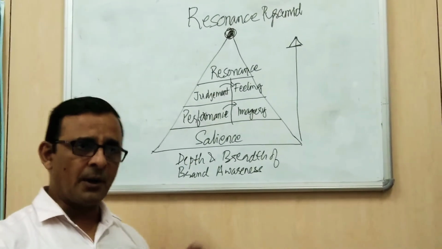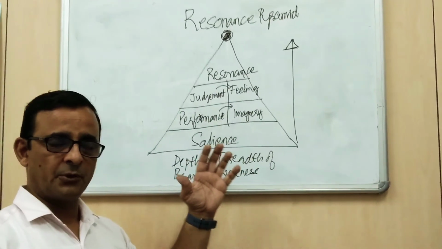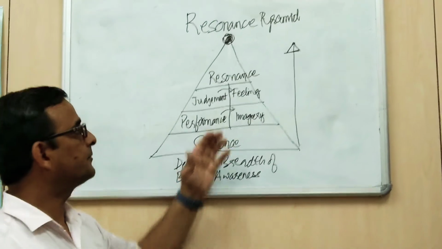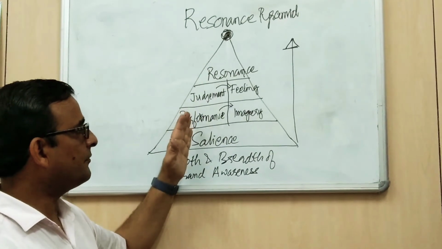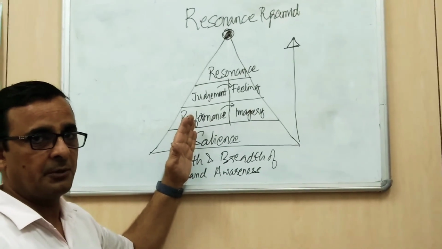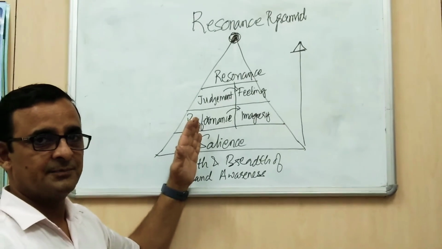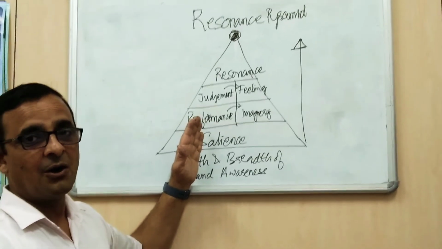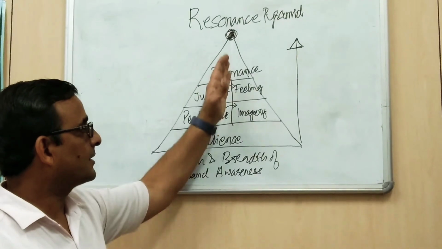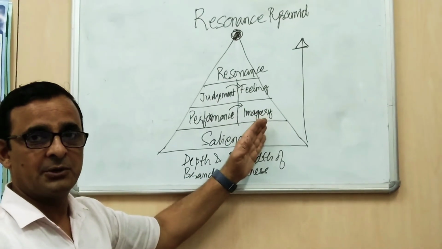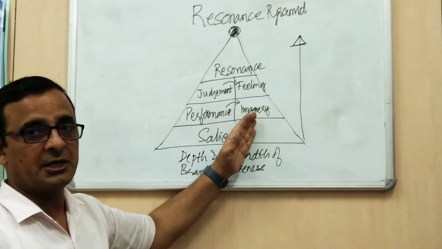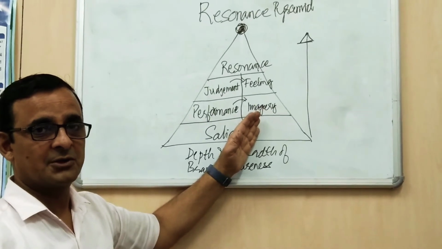The strong part of this framework proposed by Keller is that the left hand side of the pyramid is the rational mind of the customer, and the right hand side is the emotional mind of the customer.